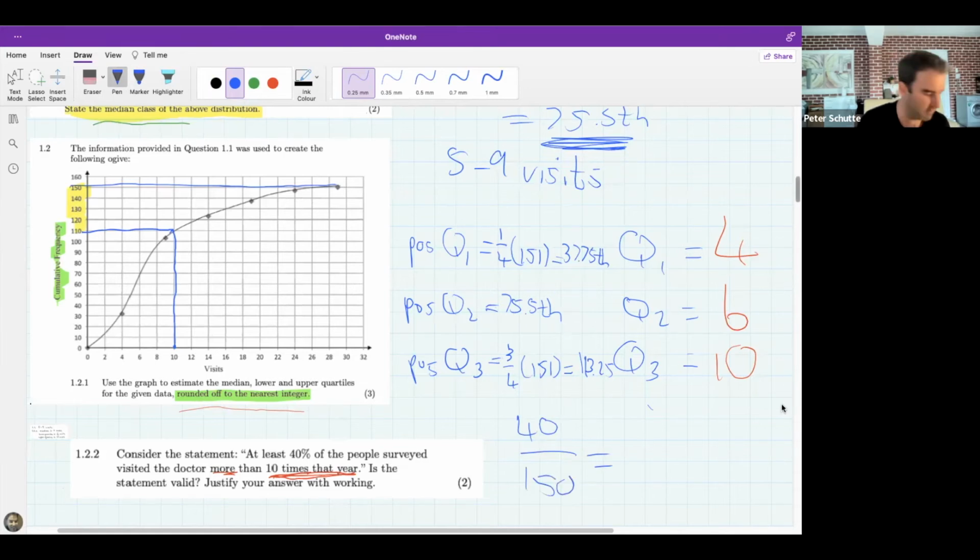So 40 out of 150. 40 divided by 150 times 100 is 26, is equal to 0.26 or 26%. So only 26% of the people visit the doctor more than 10 times a year. The statement said at least 40% of the people visit the doctor more than 10 times a year, so it must be false.